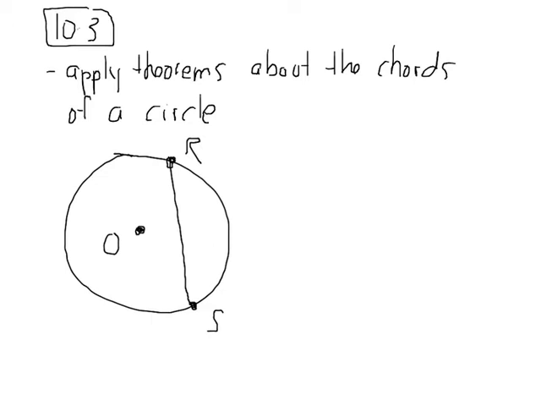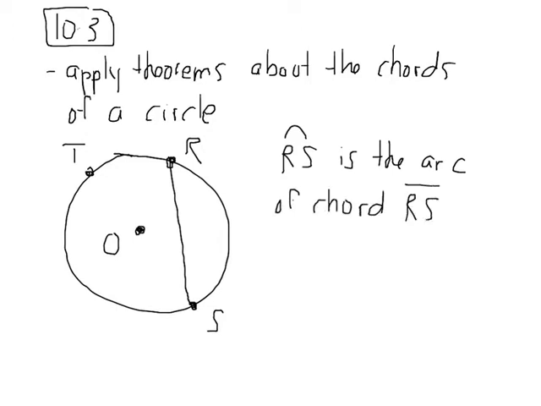It cuts off minor arc RS and major arc RTS. When we talk about chord RS, that minor arc, we say that is the arc of chord RS. So minor arc RS is the arc of chord RS. That's the arc and the chord.